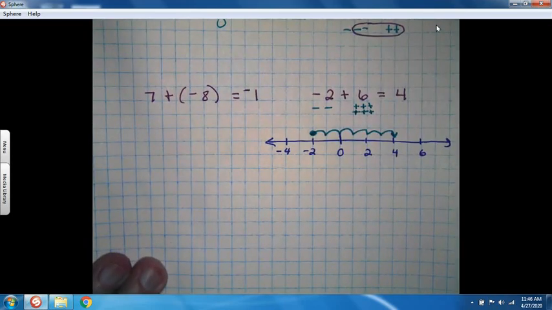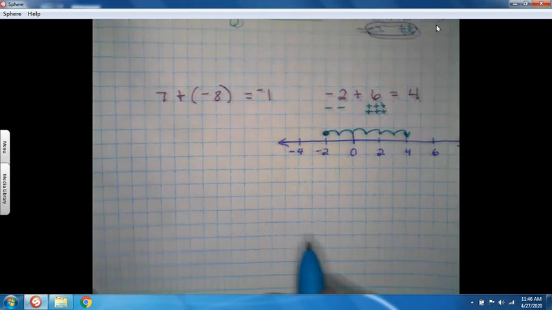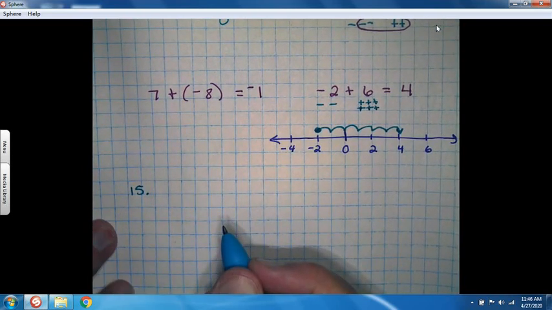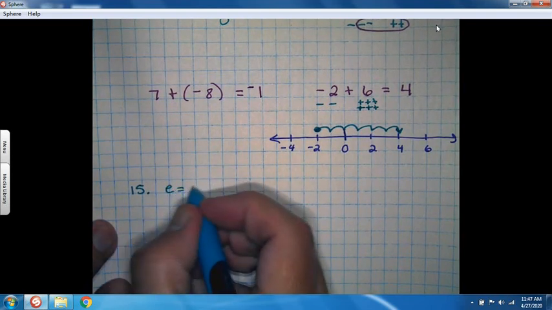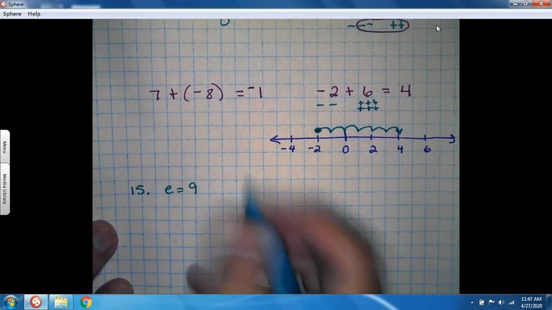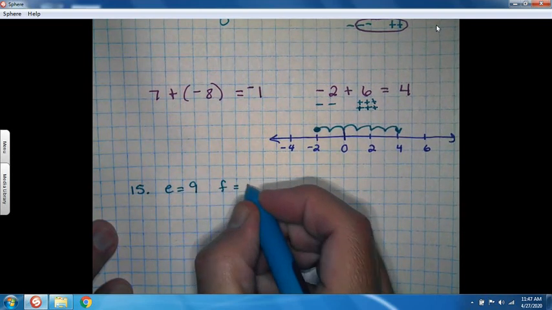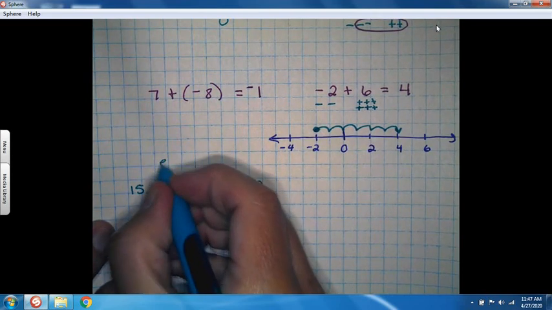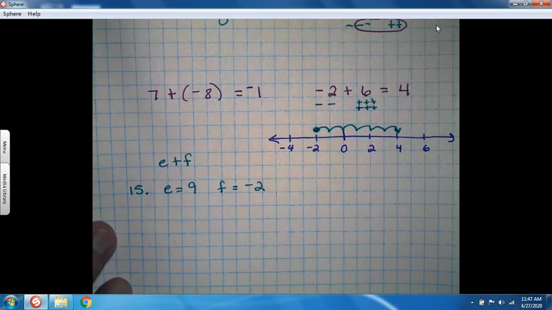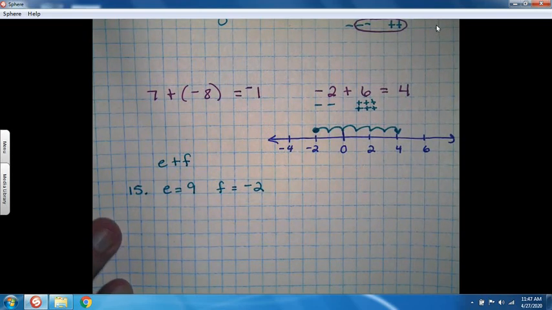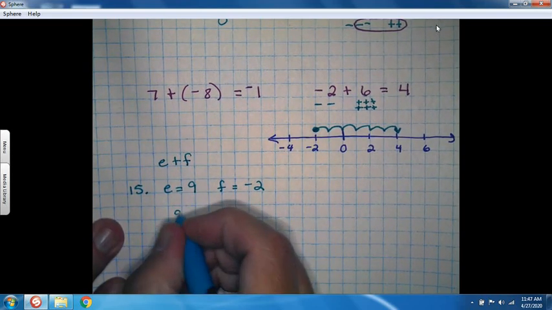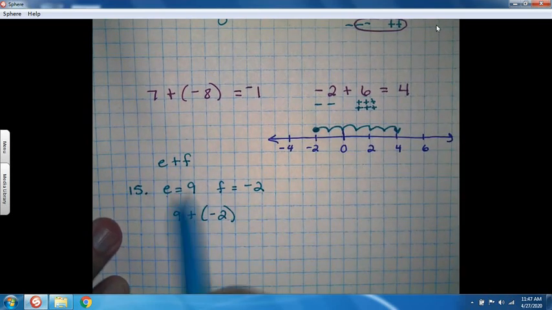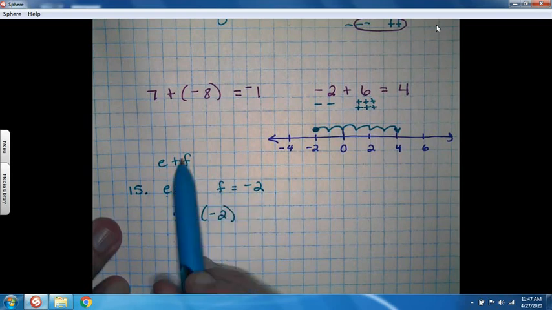This is problem number 15. It says E equals 9 and F equals negative 2. And the directions say E plus F. Okay, we can do that, right? We just substitute it in. So 9 plus negative 2, because your E is 9, your F is negative 2.